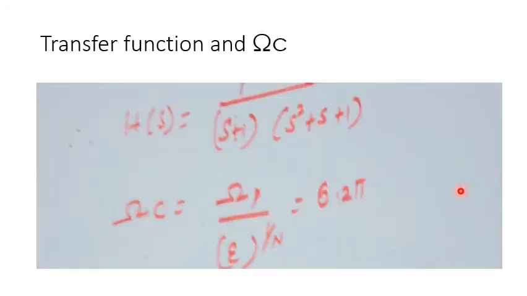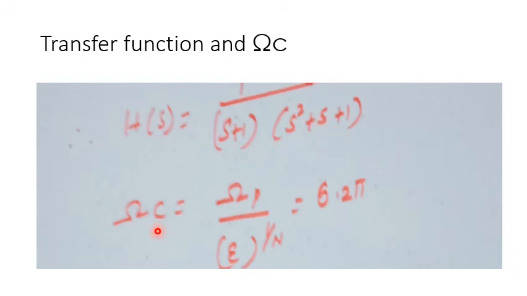Right, now you need to write the transfer function and find the analog cutoff frequency omega c also. Here the order is 3. So H of s equals 1 over (s plus 1) into (s square plus s plus 1).